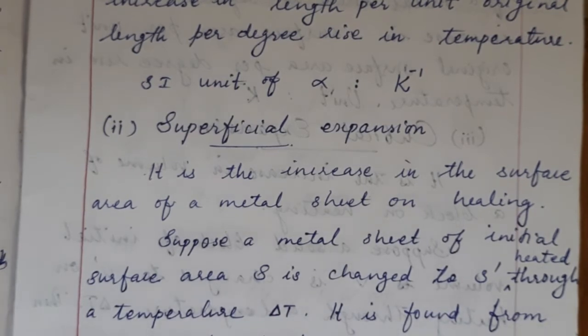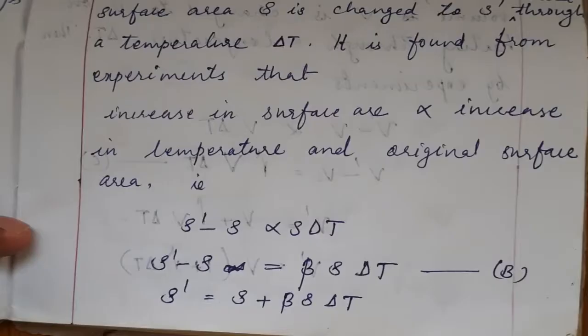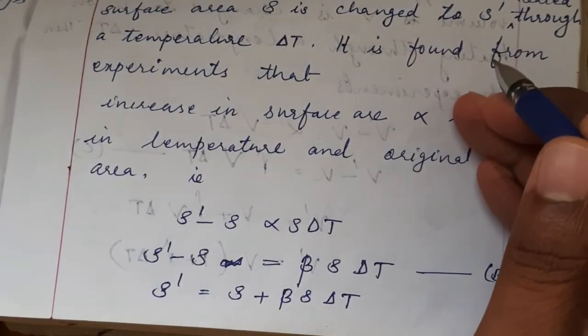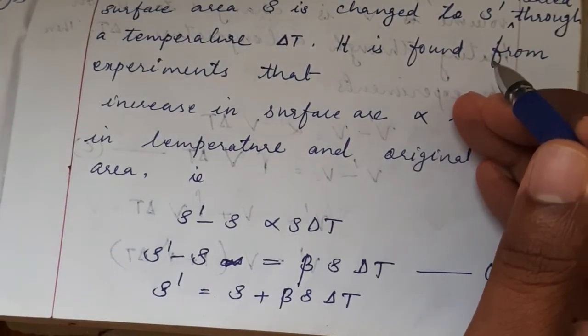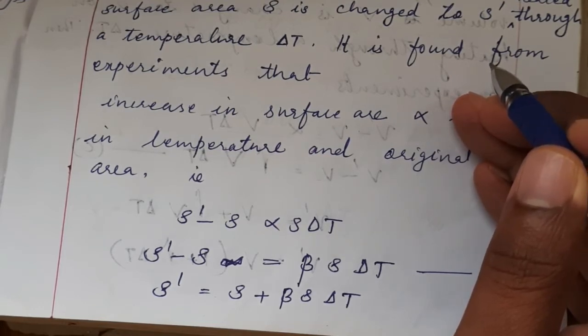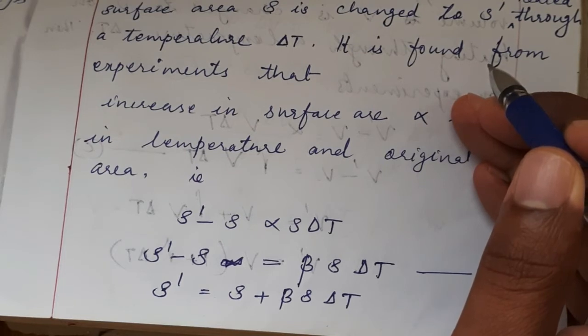As we said previously, this increase in surface area, S dash minus S, is proportional to the original surface area as well as the temperature increase. So considering these two factors, we arrive at an equation: S dash minus S is proportional to S delta T. So replacing that proportionality with a constant, we introduce a constant beta.